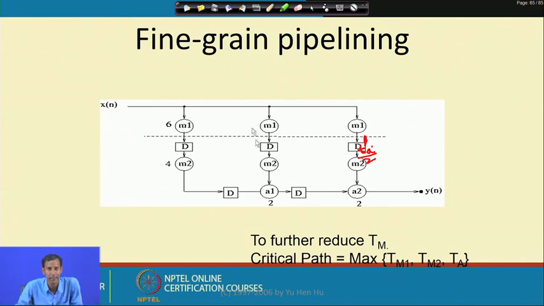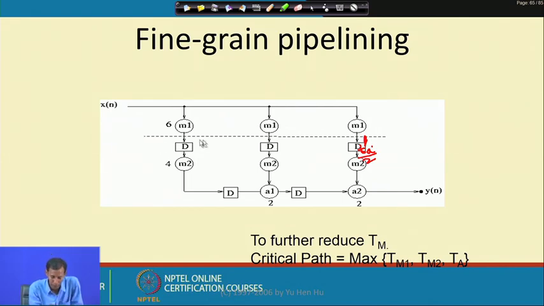So, if I do not put any delay in between of this multiplier, it will be 10 here and 2 here, so a total critical path of 12 nanoseconds.